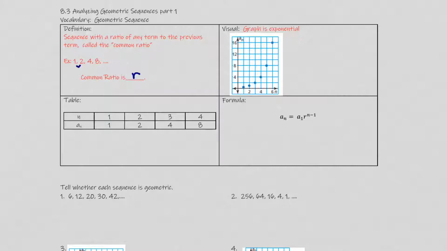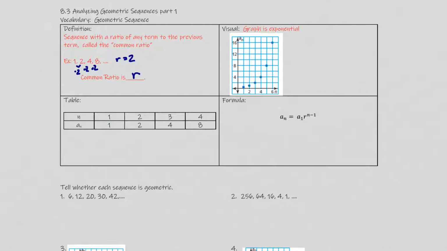And in this case, it looks to me like I'm multiplying by 2 each time to get to the next one. That's a times there. Okay, so in this example, R would be 2, because that's what I'm multiplying by. If you are given a graph, a way to determine if it's geometric is that it looks exponential. It doesn't just look exponential, it is exponential.